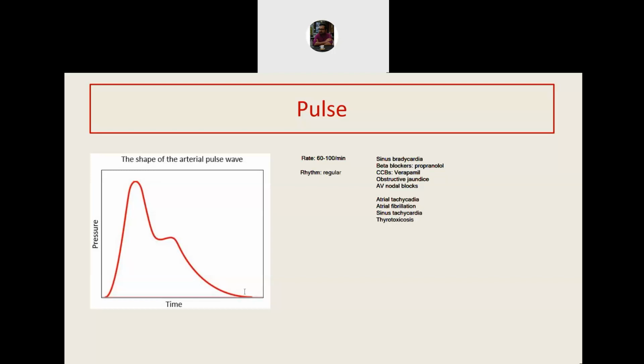When the pulse rhythm is irregular, it can be either a predictable irregularity, which is conventionally called regularly irregular, or it can be an unpredictable irregularity, which is called irregularly irregular.